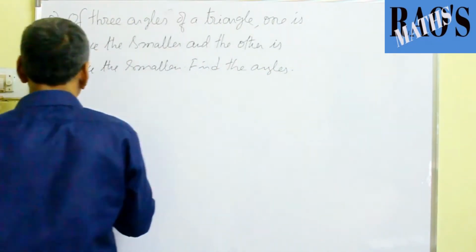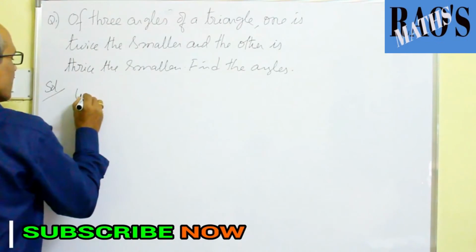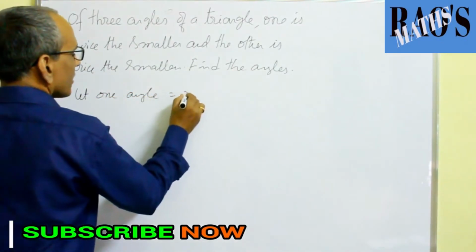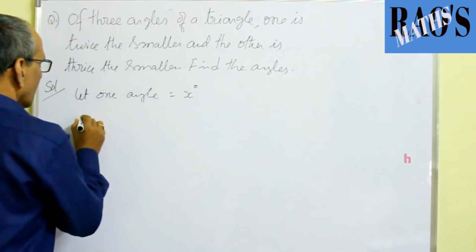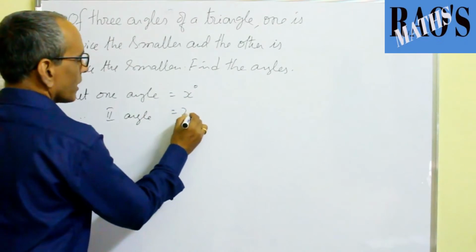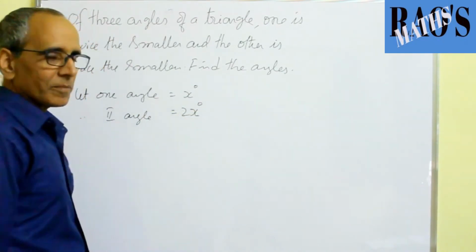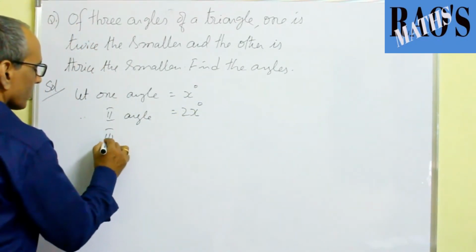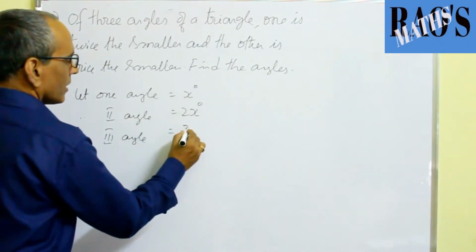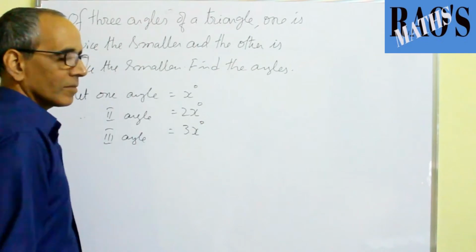So I define, let one angle out of three be x degrees. Therefore, the second angle, since it is 2 times, is 2x degrees, and the third angle, it is 3 times the smaller, that is 3x degrees.